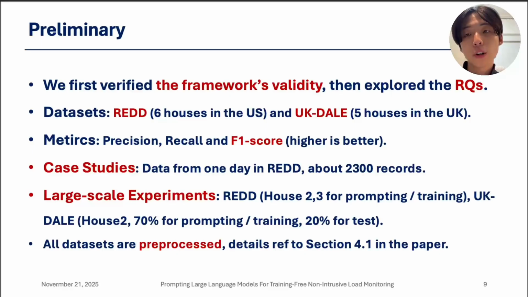We use precision, recall, and F1 score as the metrics. That's the most common. Yeah. We begin with one-day case studies to understand the behavior, then later move to the large-scale evaluation across lots of data time points. Yeah.